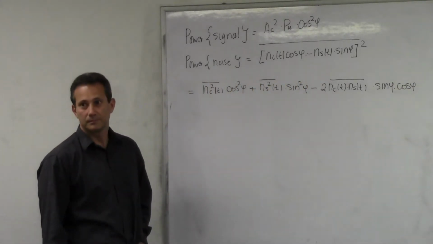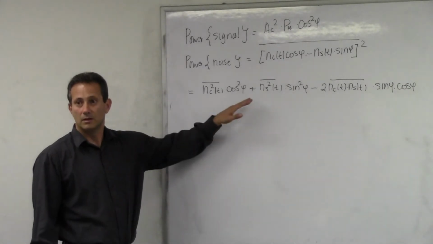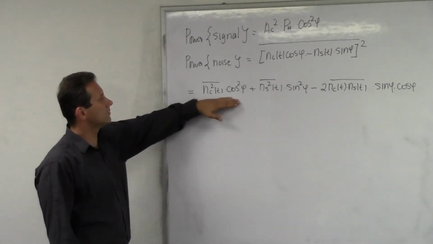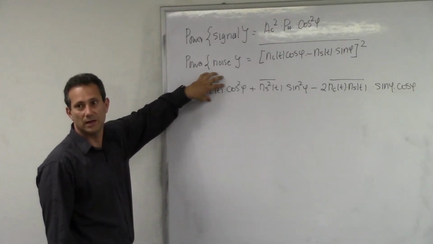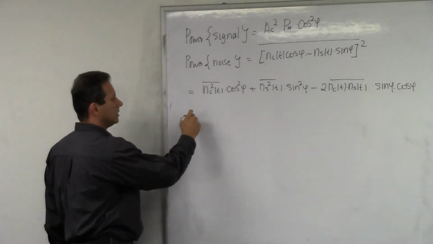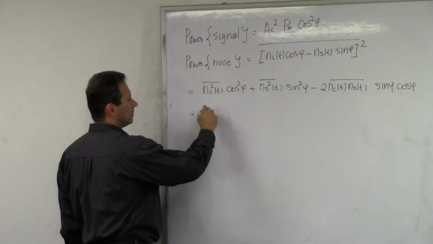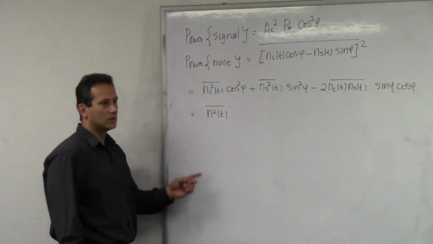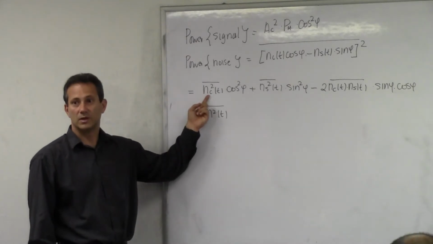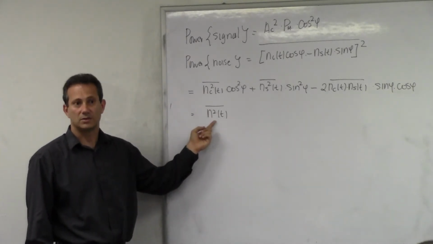Right? Any questions? Okay. So what is the average of this? Just whatever is the power of this guy. So I can say that this is n squared of t. Why? Because this noise Nc squared of t has the same power as this one.